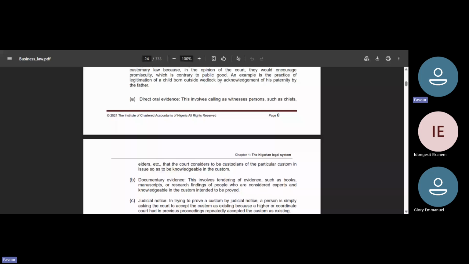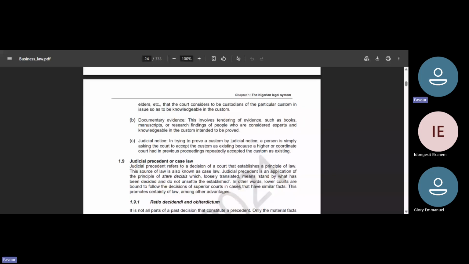Then there's the judicial notice. In trying to prove a custom by judicial notice, a person is simply asking the court to accept the custom as existing because a higher or coordinate court had in a previous proceeding accepted the custom.